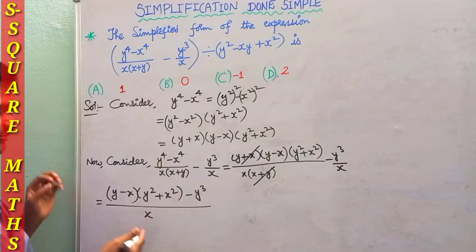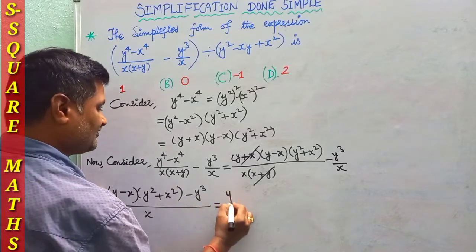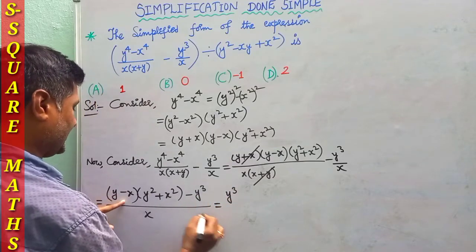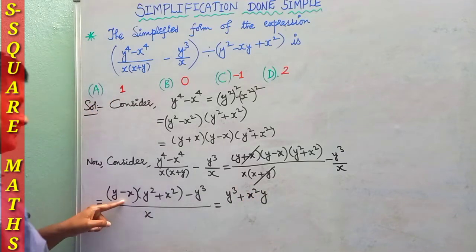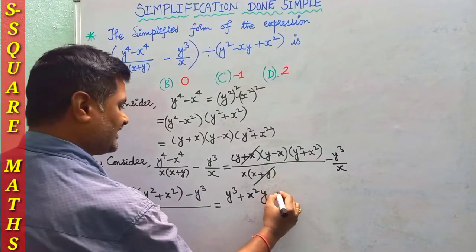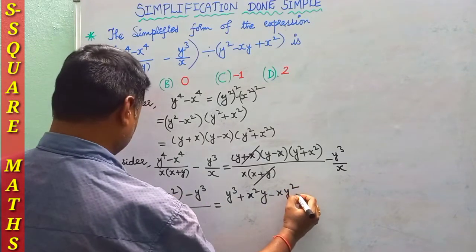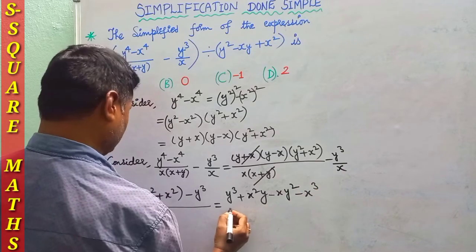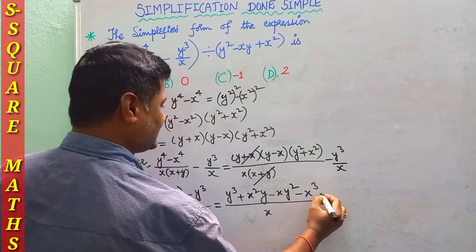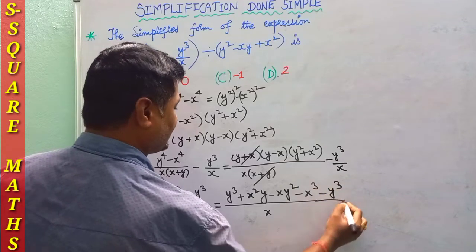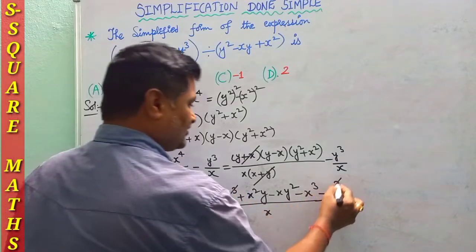Multiplying term by term, the numerator is y square into y, y cube, y into x square, x square y, minus x y square, minus x into x square, minus x cube, and minus y cube. So y cube minus y cube is 0.